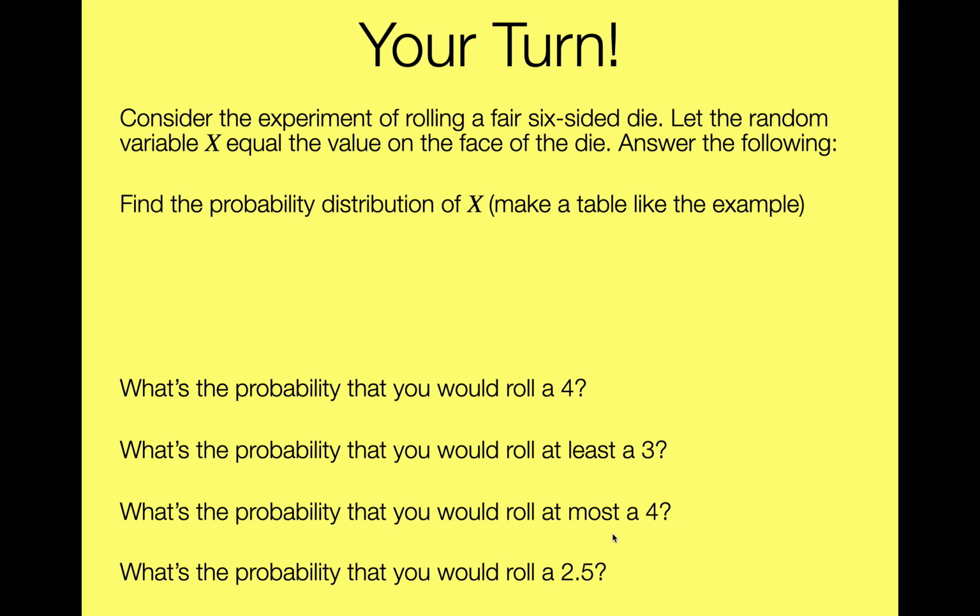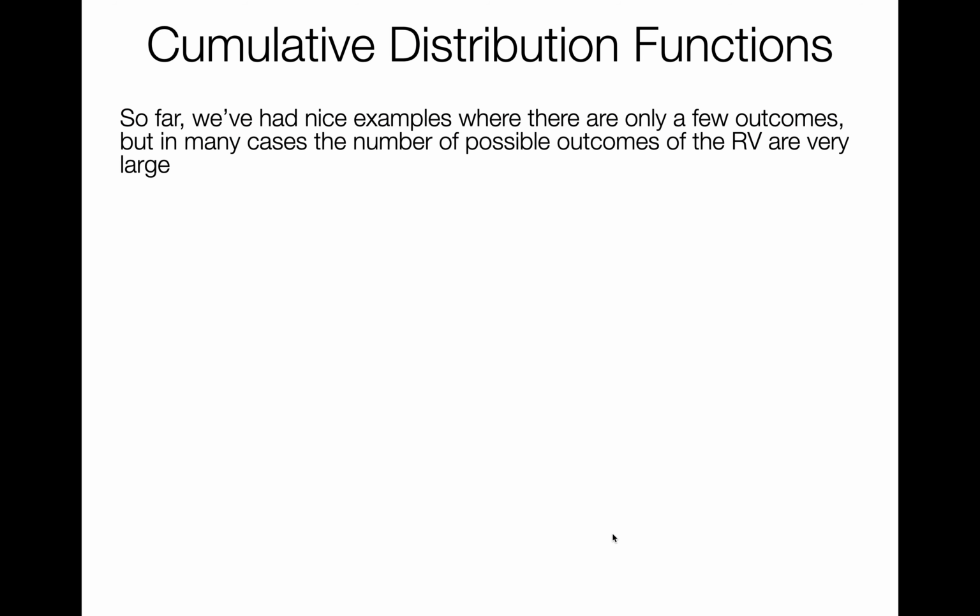Okay, so we're going to continue on for just a little bit longer. One property that a discrete probability distribution has is a PMF. It also has a CDF, or it should.